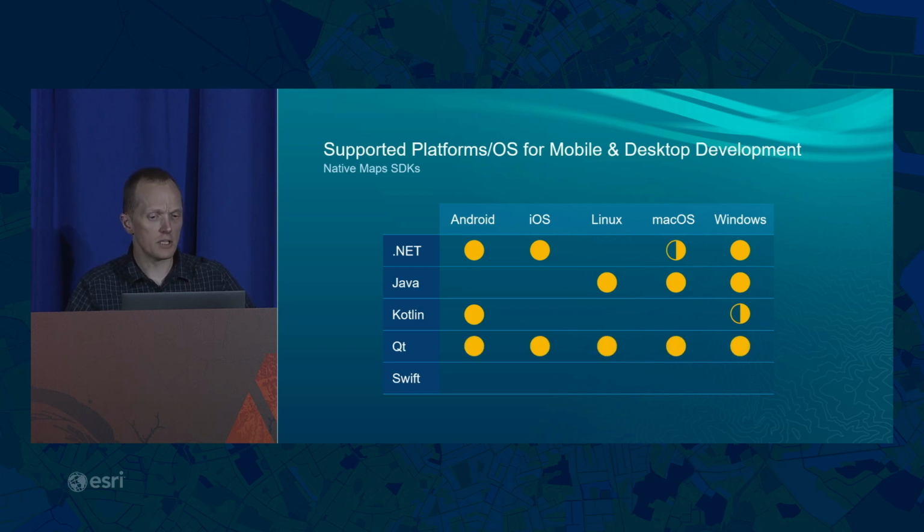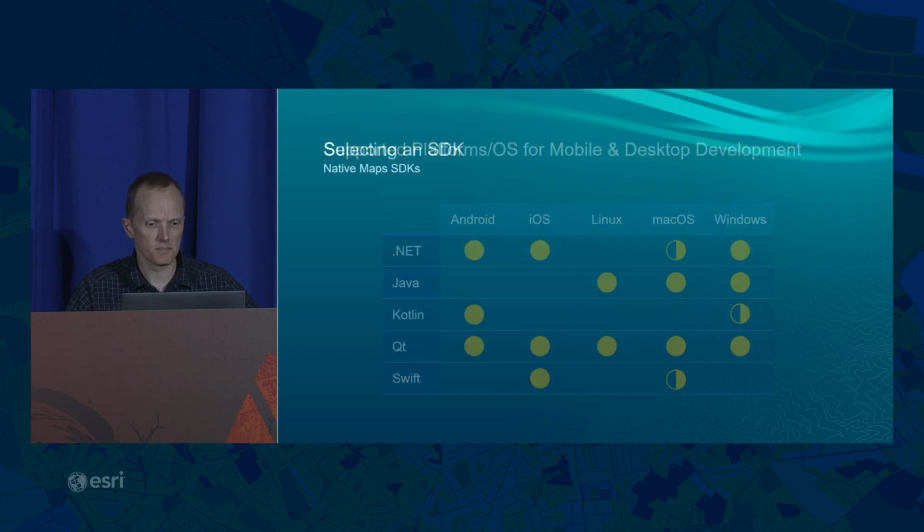And then Qt actually is the only one of our native Maps SDKs to support all 5 of these operating systems. And then Swift, primarily iOS, but also Mac OS with Mac Catalyst. So again, really it's a combination of those 2 factors. It's which platforms do you need to target, and then what are your development skills and experience.